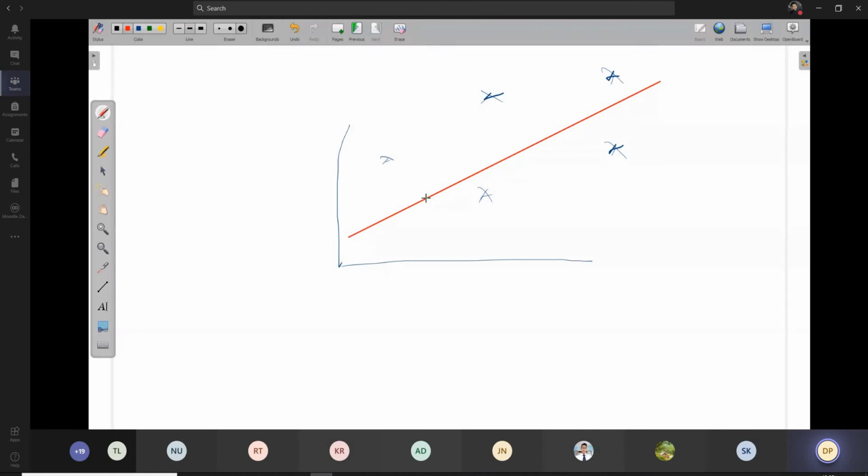We have written one equation and approximately calculated that this value will come down to here, this value will go up to here. This is the expected value. These are the expected values, and these are the observed values.